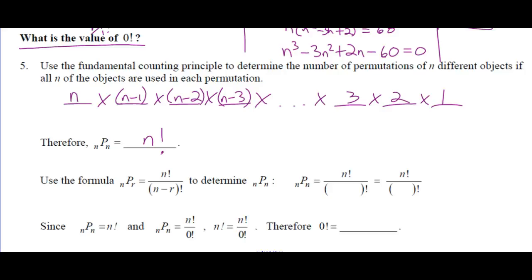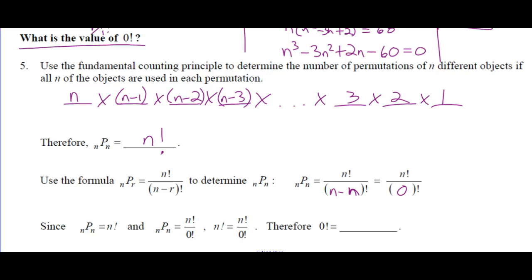Use the formula nPr to determine nPn, right? So in this case, it's n factorial over, now what goes down here? n minus n. What's n minus n? Okay, so nPn, using the formula, works out to n factorial over 0 factorial.